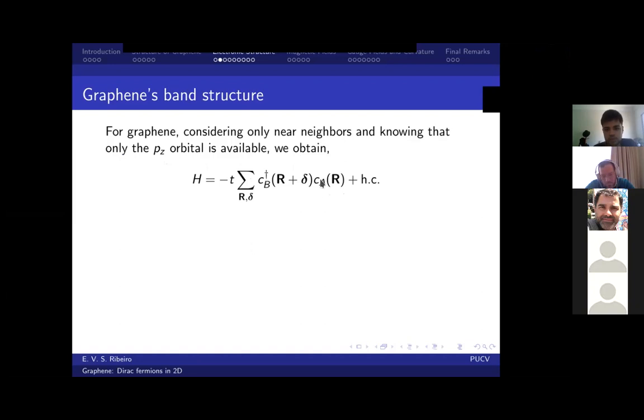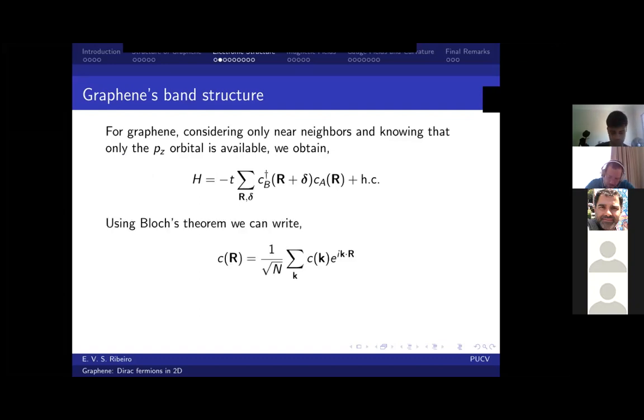We have one electron in the sublattice A in the position R, and these electrons can jump to one of its neighbors, which will be in the position R plus delta. Remember that delta is the vector that connects one atom to one of its three nearest neighbors, and it will be in the sublattice B. In this case, the hopping energy will be just a constant, since it's isotropic.